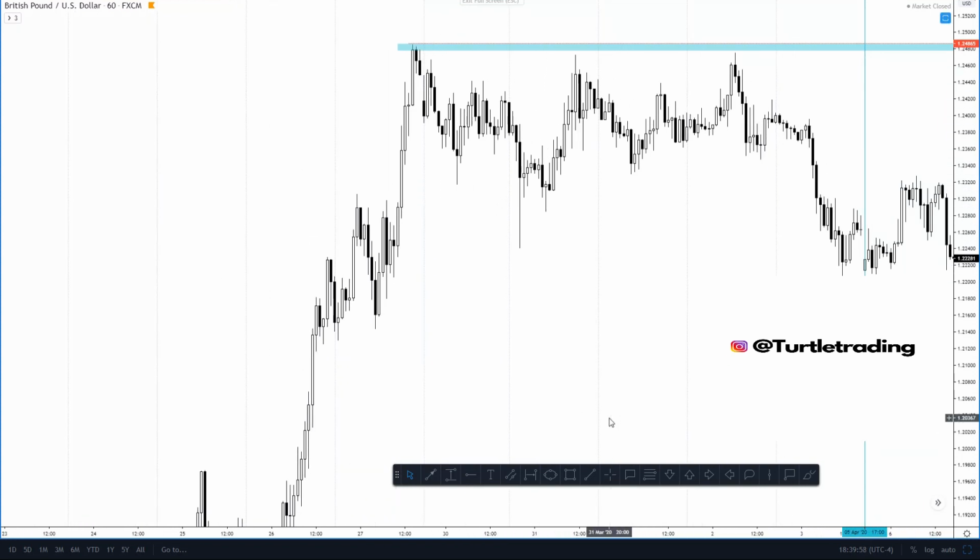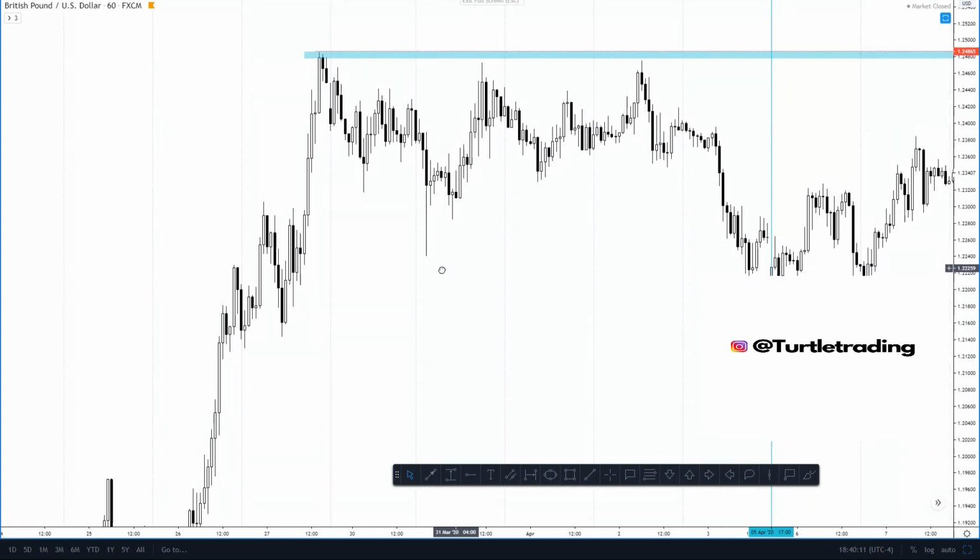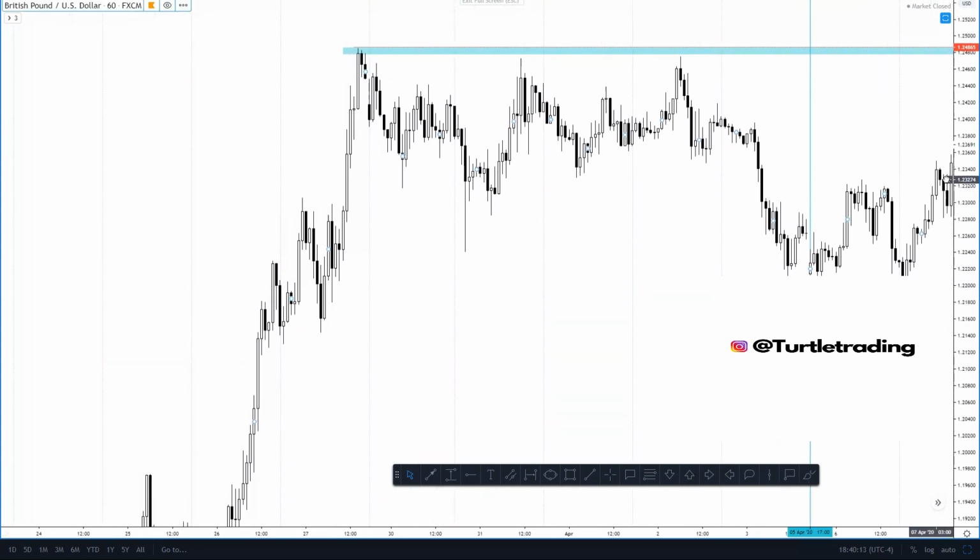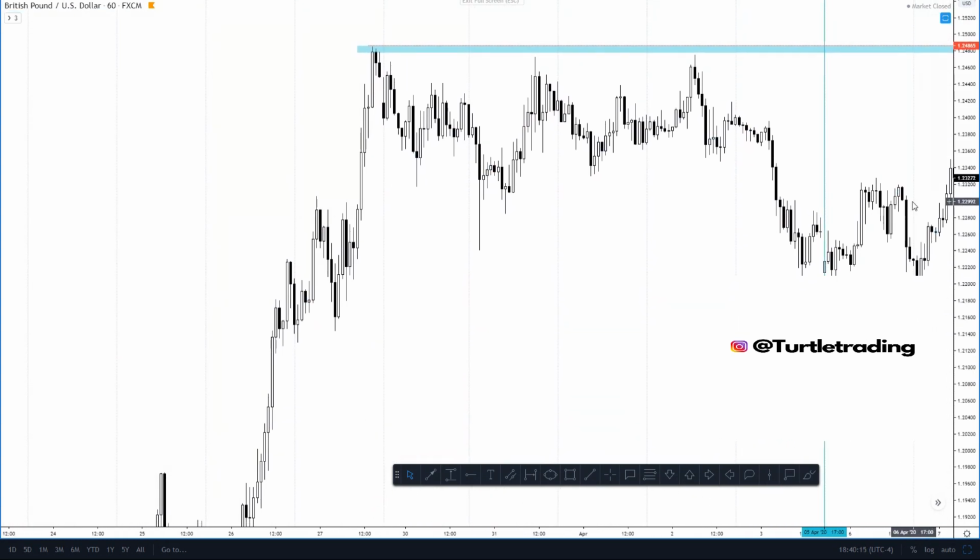I personally like to wait for the market to actually prove that this area breaks structure to the upside, and we start holding higher lows, anticipating a run above here. As we can see, once we create this break in structure, we go to the low, and then boom, price goes higher.